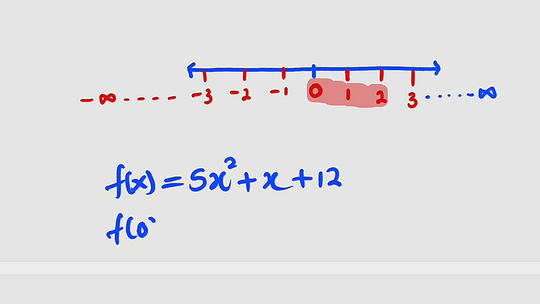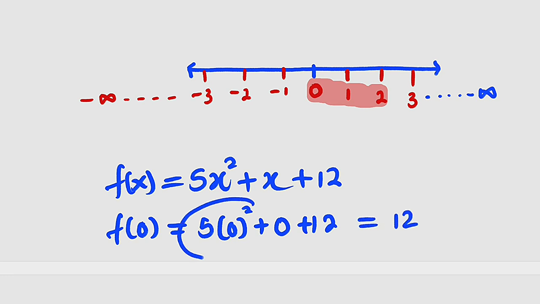f of 0 is equal to 5 times 0 squared plus 0 plus 12. All of this will give us 12. Why? Because this is 0, this is 0, we only have 12 left, and 12 is indeed an even number.